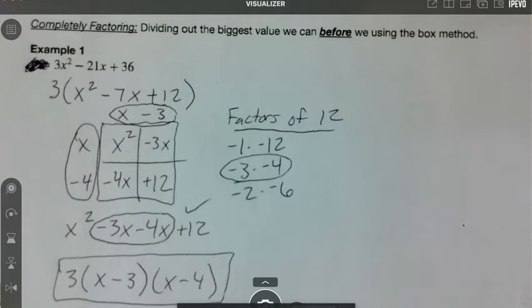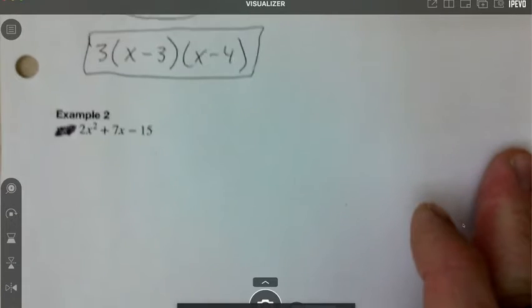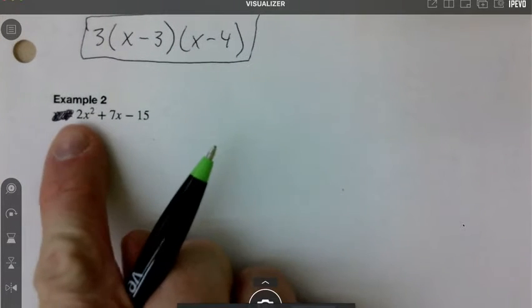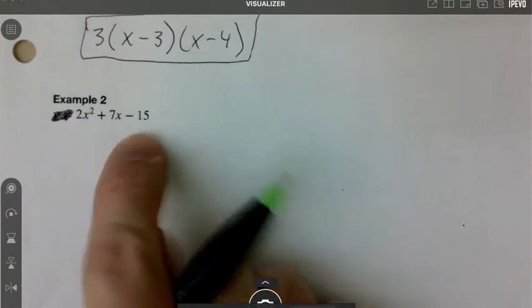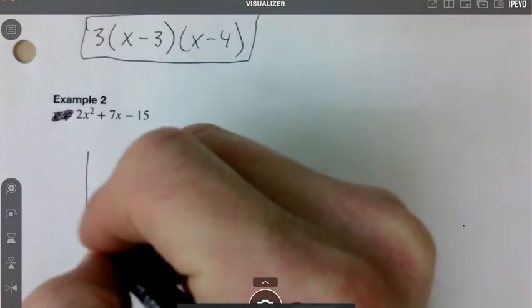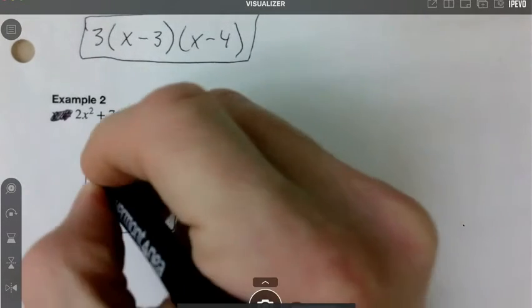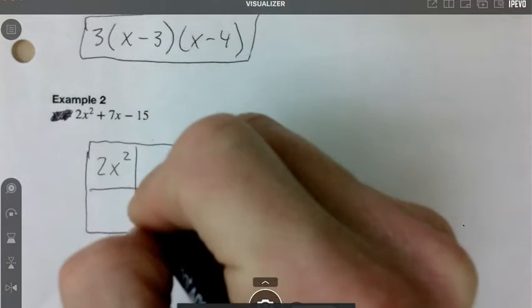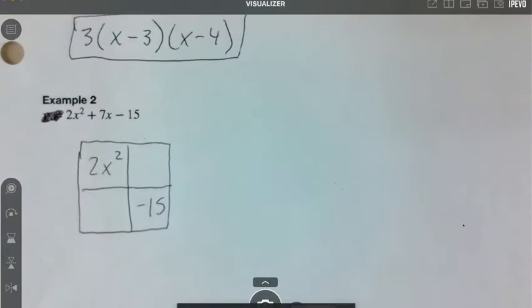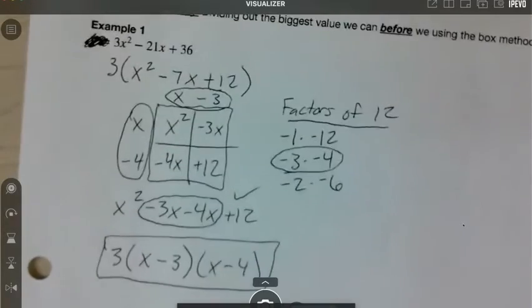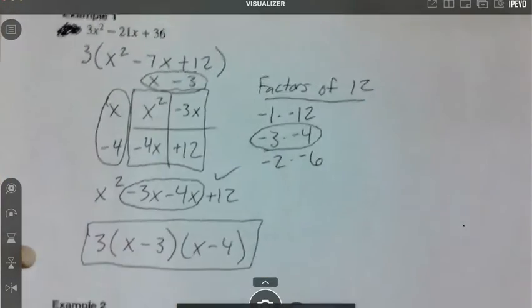Well, now let's look at a case where it's not quite this nice. There is no way I can divide all of these numbers by 2, and so I'm kind of left in a tough spot. Now I got to leave a 2x squared in my box and a minus 15. Well, previously, x times x got me x squared.